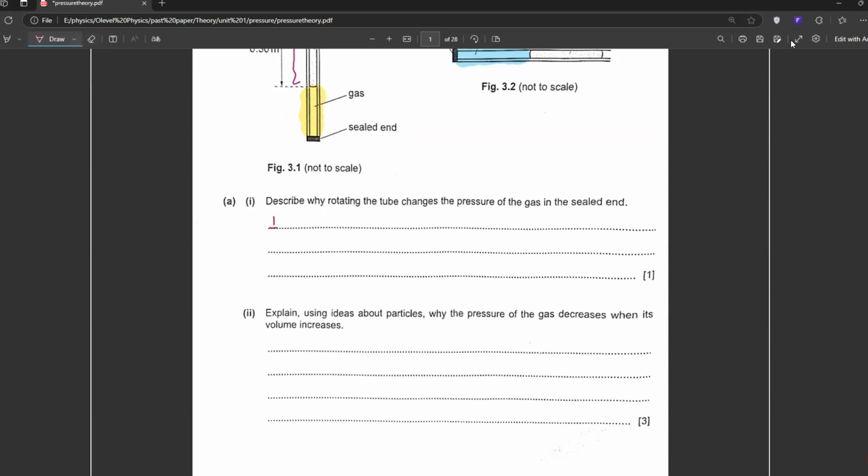In the vertical position, mercury was applying a pressure on the gas due to its height.